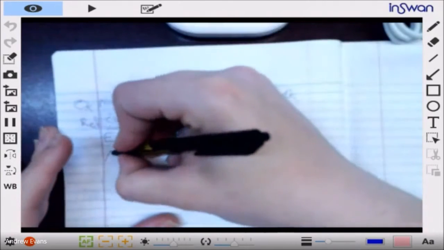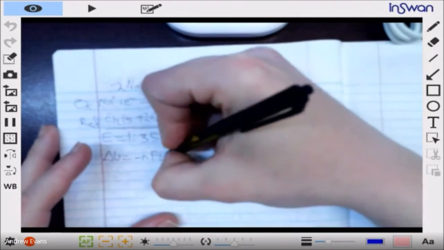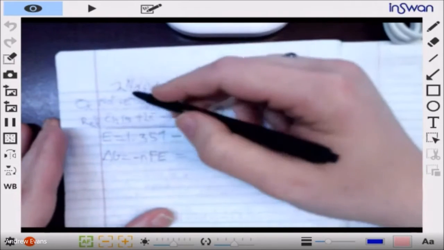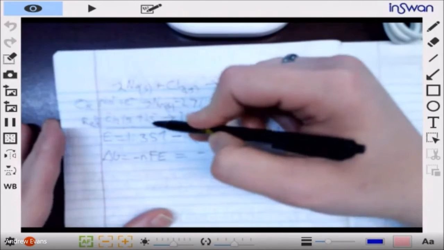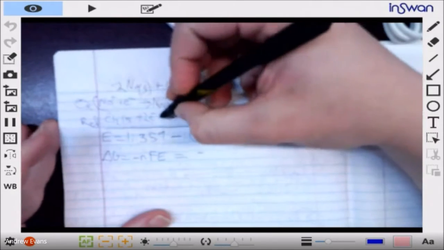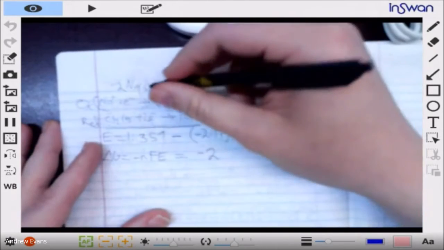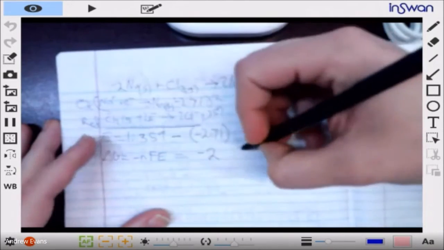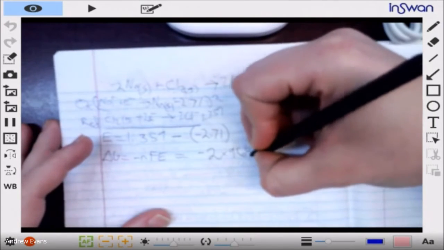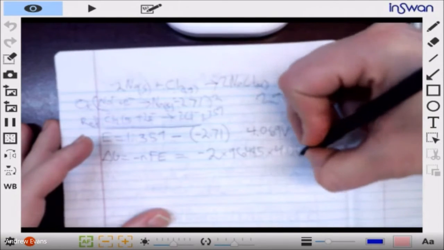Now, our delta G value is equal to negative nFE. So it's going to be equal to negative, how many electrons get transferred? 1 per reaction, but this is doubled, and 2 here. So the number of electrons is 2. The greatest common factor between 1 and 2 is 2. Times 96485 times 4.069.